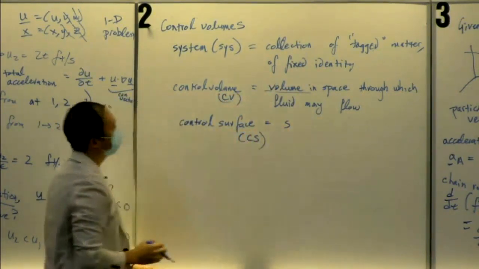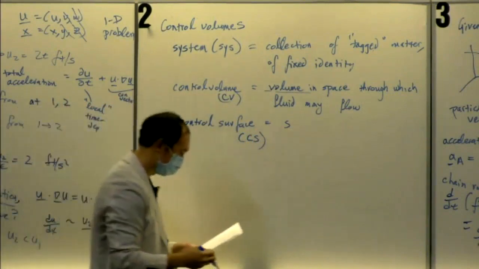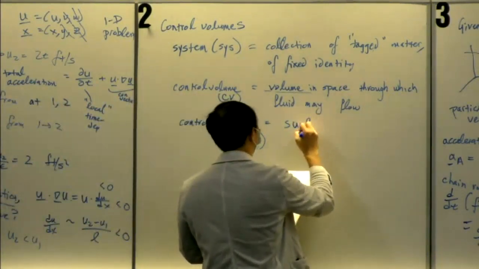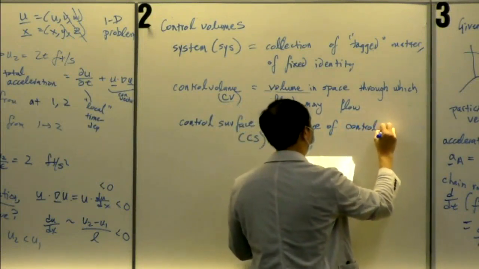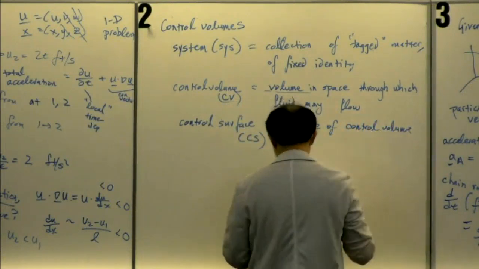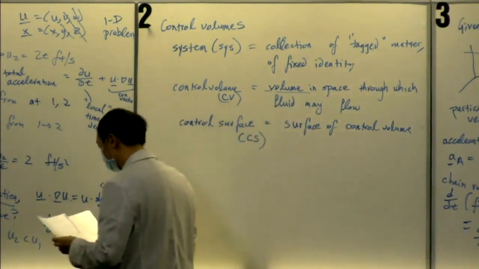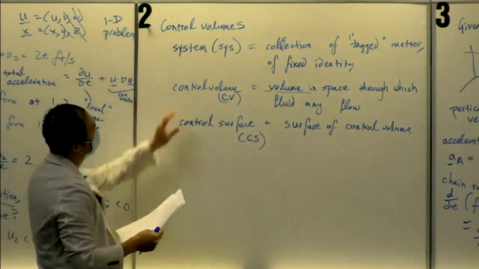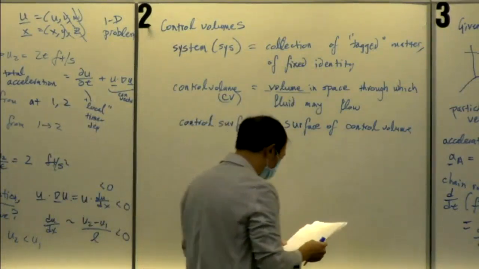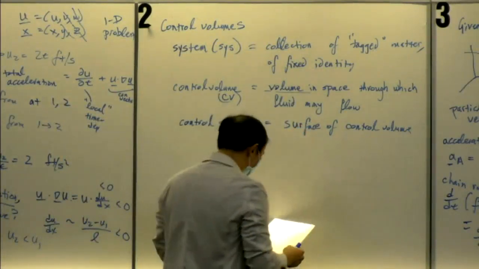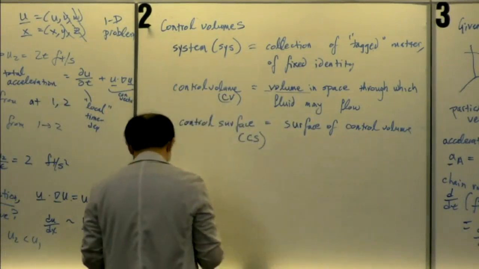I'll be using notation CV and CS, otherwise it's going to get lengthy. Now the thing about the system, it can change in shape and size. It can decrease in volume, like if I'm pressurizing something, but it's basically still that same fixed quantity.